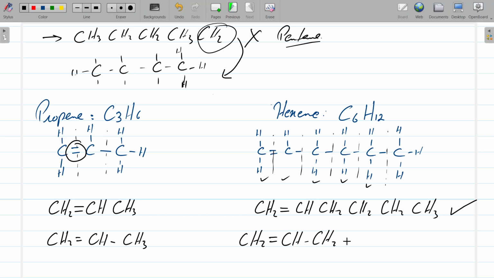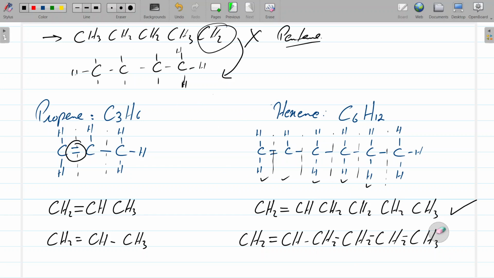Because if you're not putting anything, that automatically says there's a single bond, because the single bond is the go-to. It's known, so there's no need to put a sign on it.